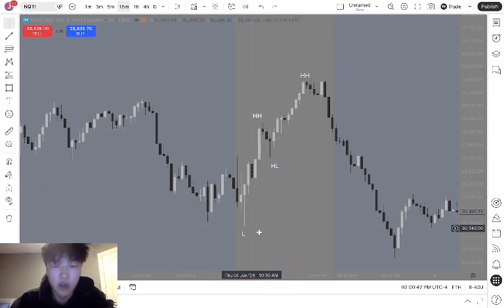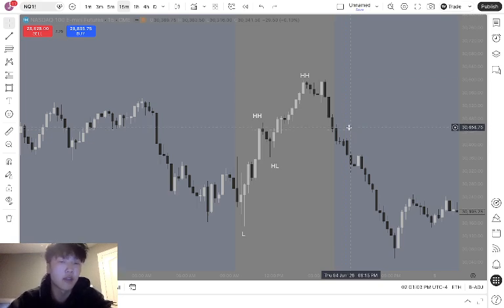Here we see we have the initial low down here, the swing low here. Price came up, created a high, came back down, and created a higher low. So this low was higher than this initial low, creating a bullish market. So this entire trend here is called a bullish market, and opposite to that, this entire trend here is a bearish market.